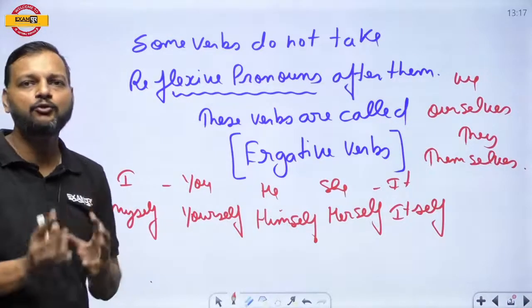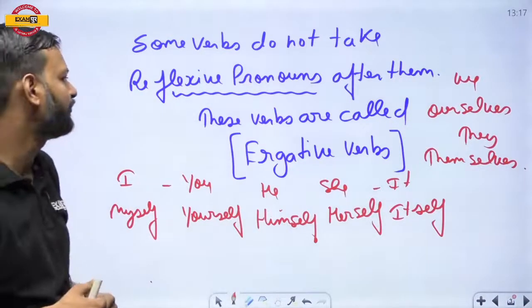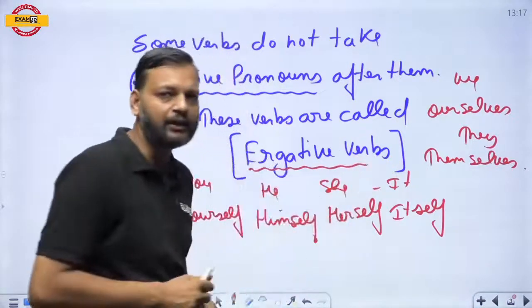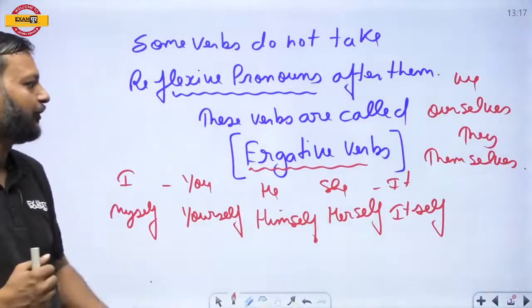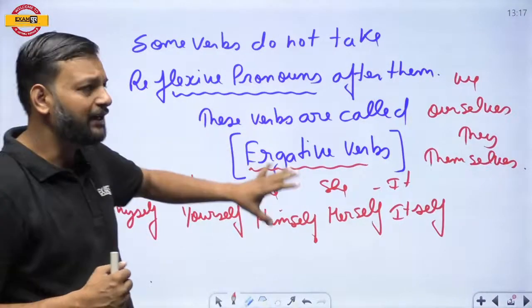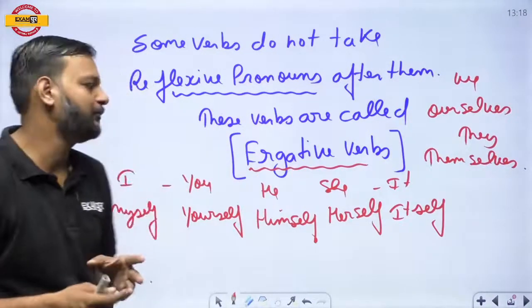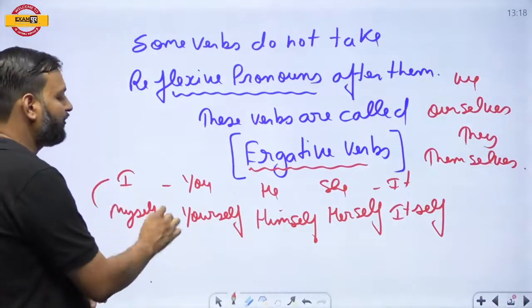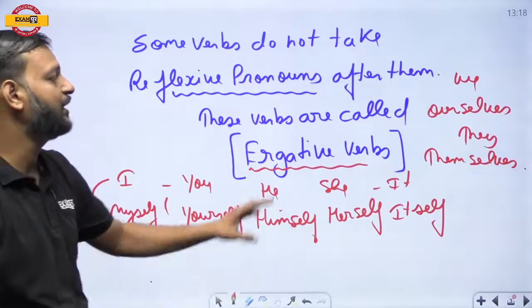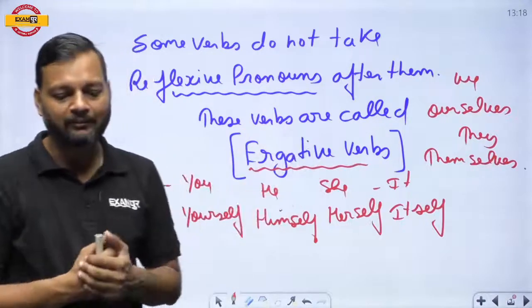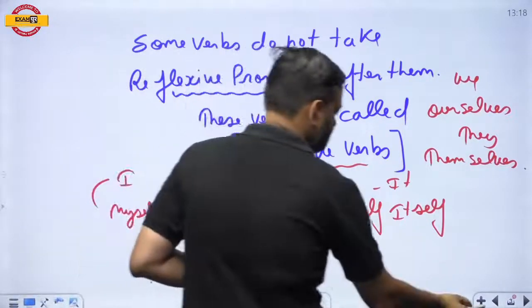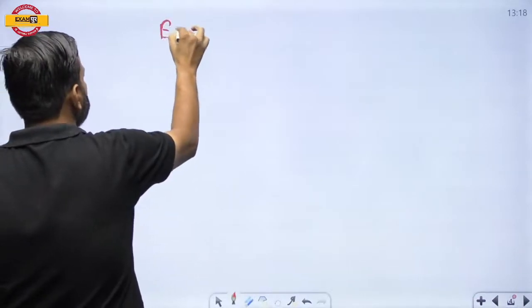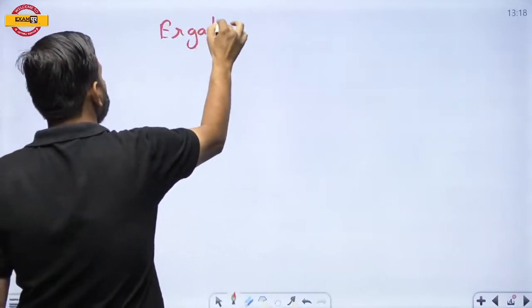Listen to me carefully once again: there are some verbs which do not take reflexive pronouns after them. These verbs are called ergative verbs. So ergative verbs are never followed by a reflexive pronoun. Reflexive pronouns are myself, yourself, himself, herself, itself, ourselves, and themselves. Now let's talk about ergative verbs.